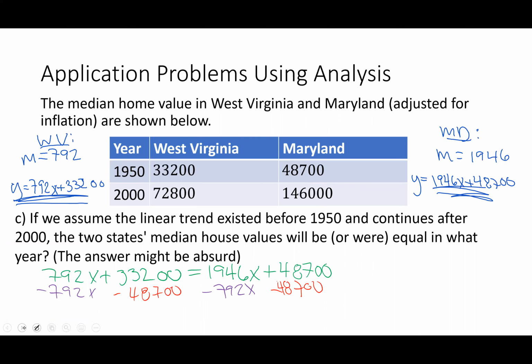So now, what I have on my left-hand side is 33,200 minus 48,700. I get negative 15,500. All right. And then on my right-hand side, I've got 1946 minus 792. And I get 1154x.